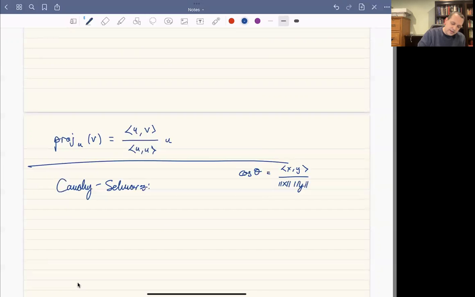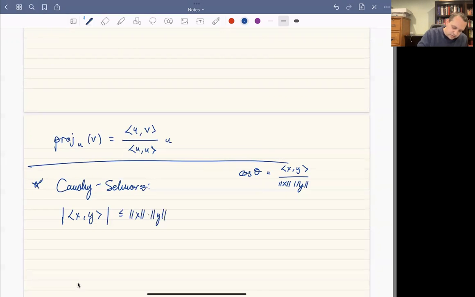What this kind of implies, and this is slightly backwards actually, the fact that Cauchy-Schwarz is true means that we can write cosine of theta like this. But the point here is that the magnitude of x times y is going to be less than or equal to the length of x times the length of y.